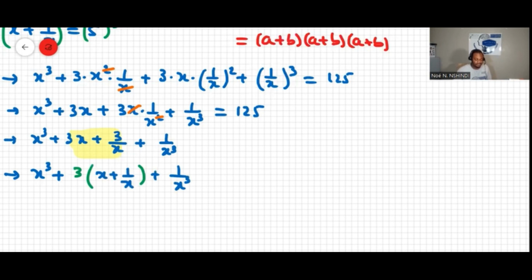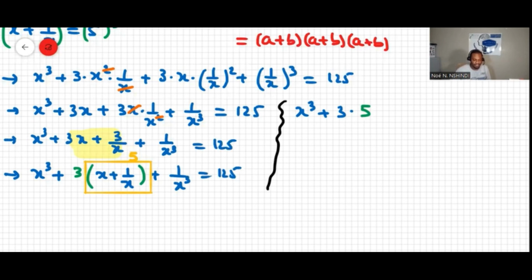And now this part here is just equal to 5. This is just 5. So this is like x cubed plus 3 multiplied by 5, plus 1 over x cubed equals 125.